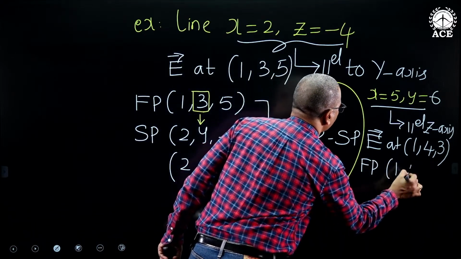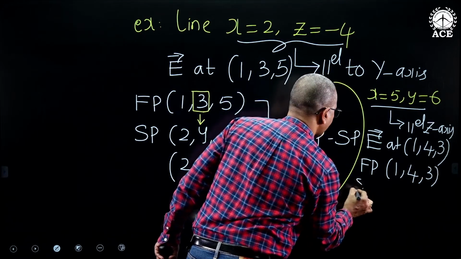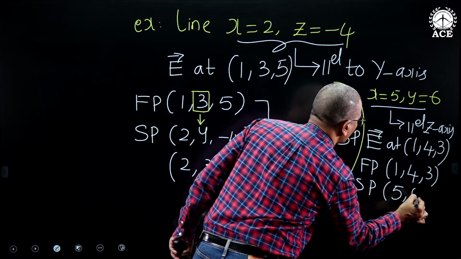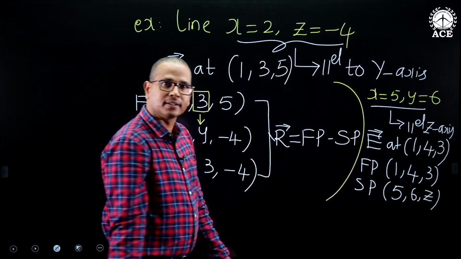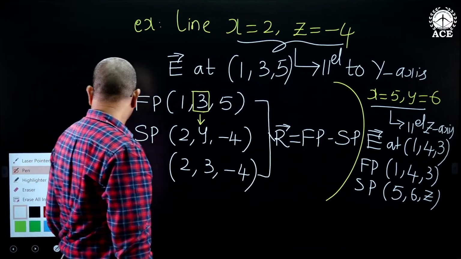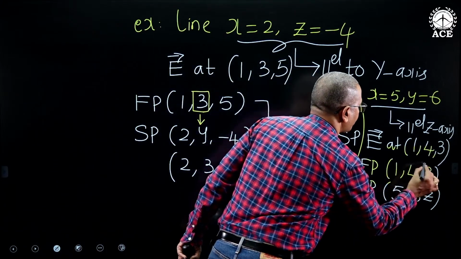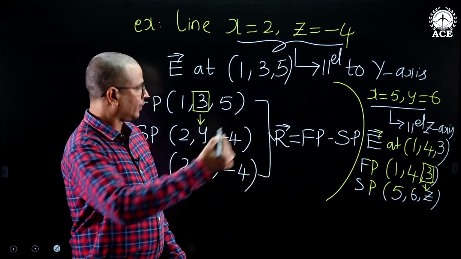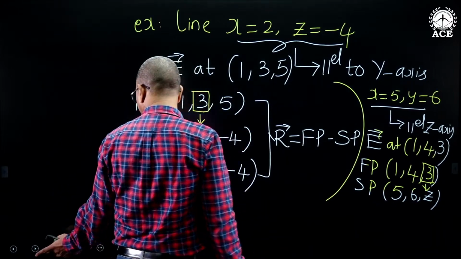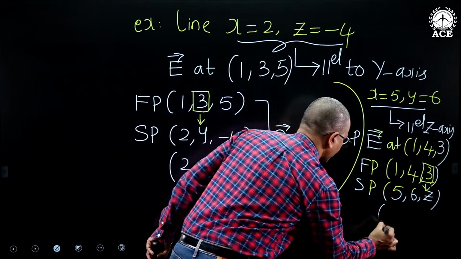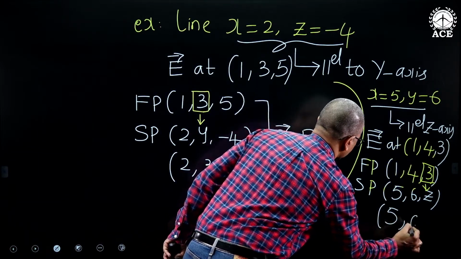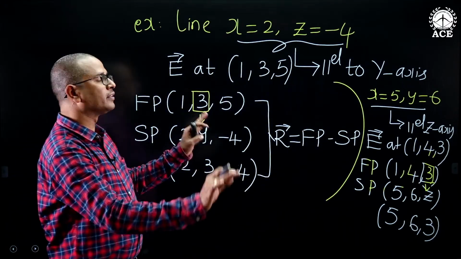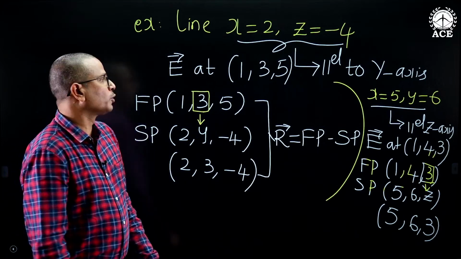FP is 1, 4, 3. For SP, x is constant, y is constant. Who is missing? Z. How do you get the Z? That missing coordinate you can extract by dropping the foot of perpendicular from the field point onto the source point. Then what are the new coordinates, dear students? 5, 6, 3. Once we know this, we can find the displacement.